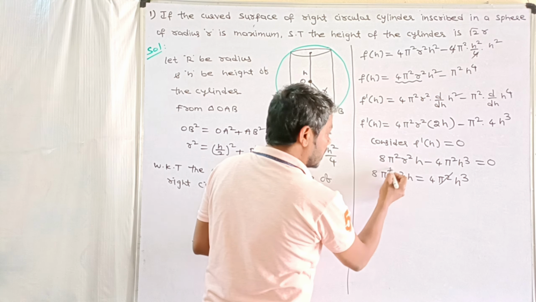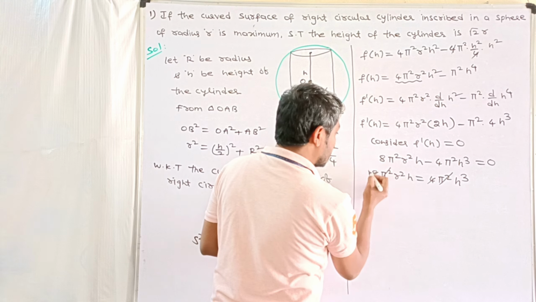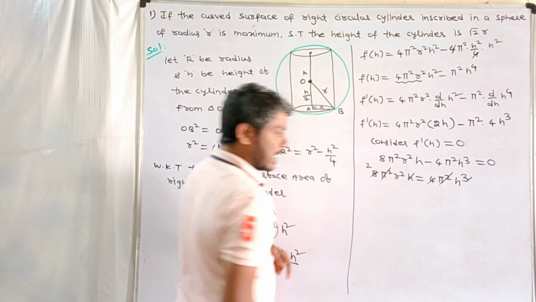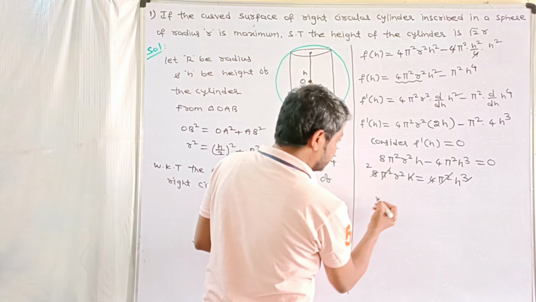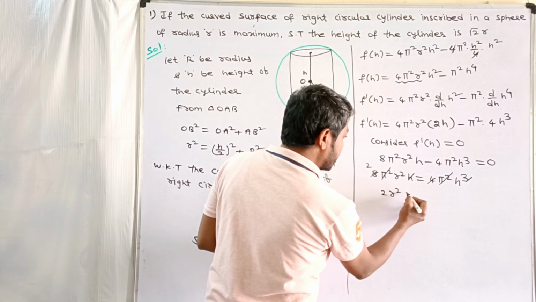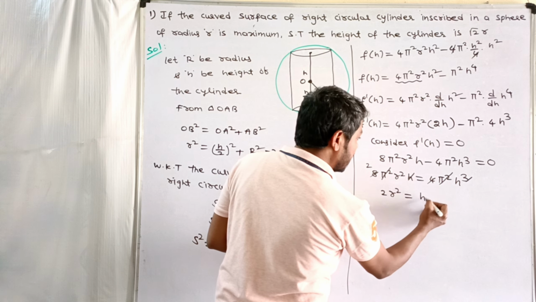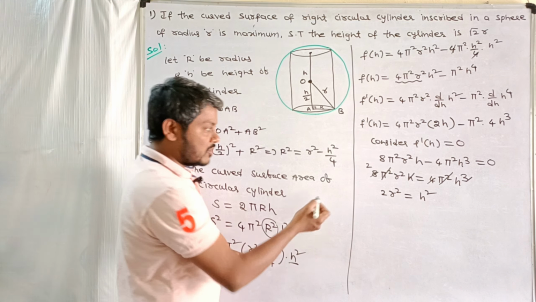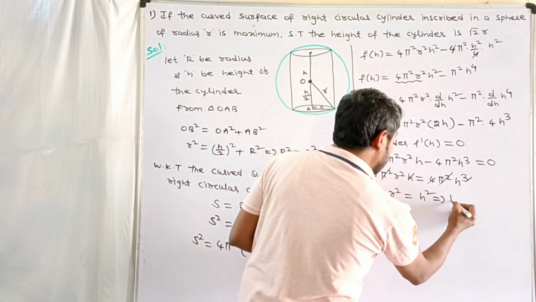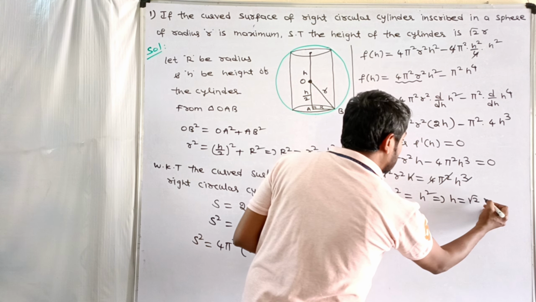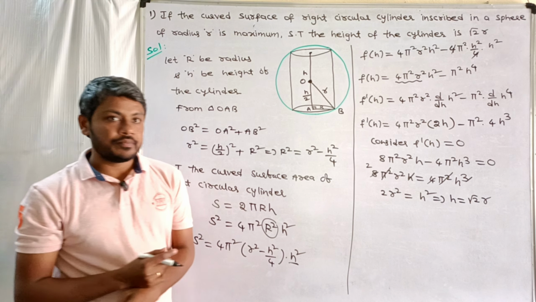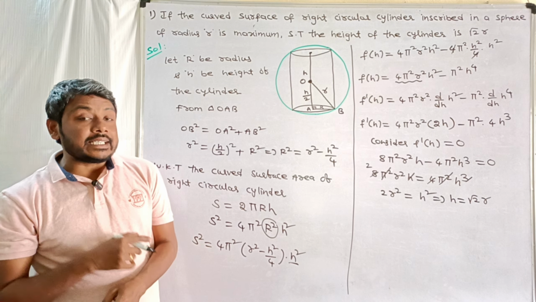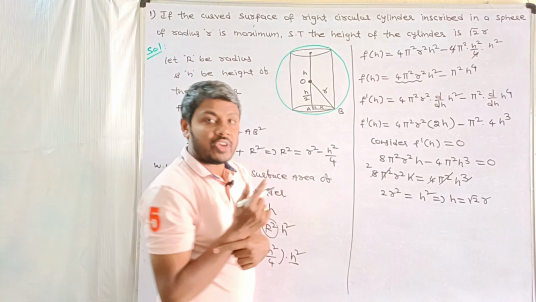So here π² gets cancelled, 4 ones, 4 twos, and one of the h gets cancelled. So what will you get? 2r² is equal to h². From this, what is the h value? h is equal to root 2r.